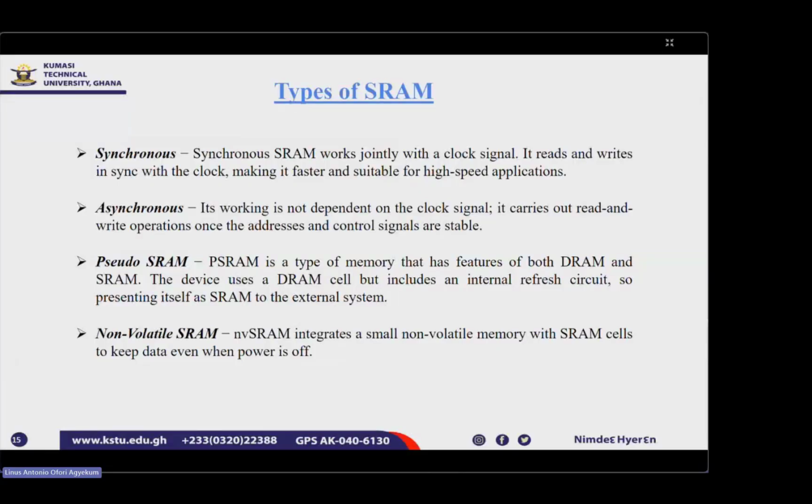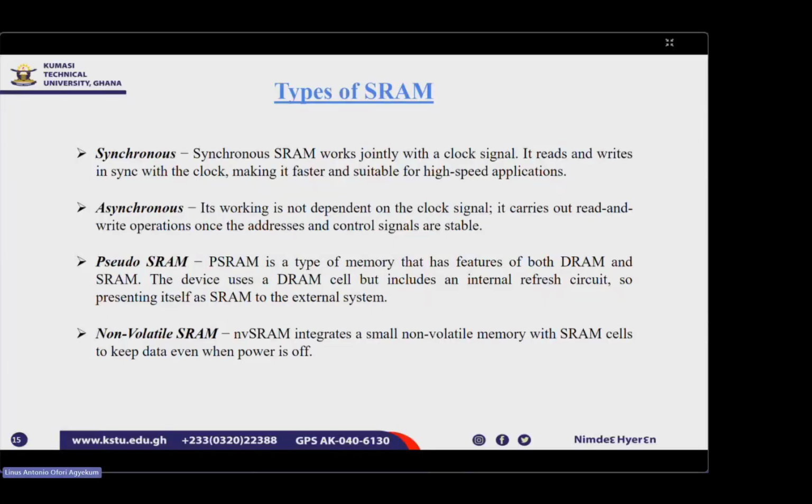This is not dependent on the clock signal. Once the address and control signals are stable, it can be read or written into.